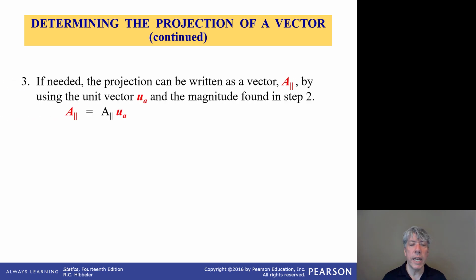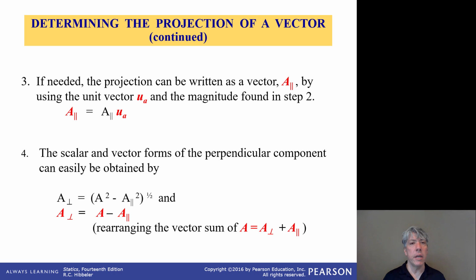Well, if we need to know that projection, that shadow, as a vector itself and not just its length, then all we really need to do is take that magnitude we just found in step 2 and multiply it by the original unit vector, which defines the direction of line AA. And now we've got a vector that is the shadow or the projection of vector A on line AA.